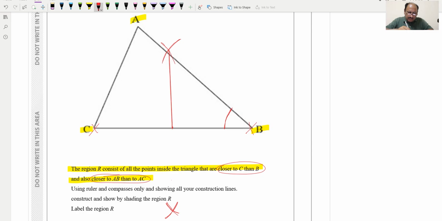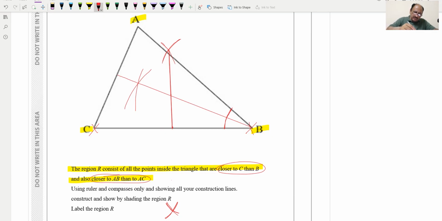One arc we can draw like this, and a second arc like this one, and our rough angle bisector will be like this one. And now we can identify the region.